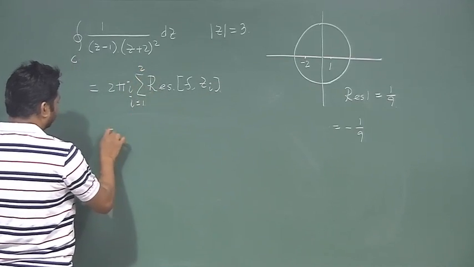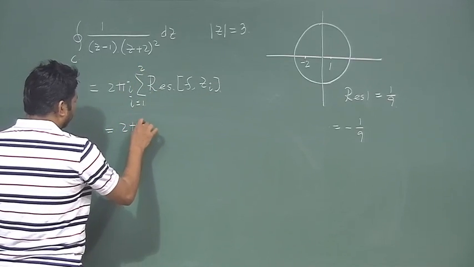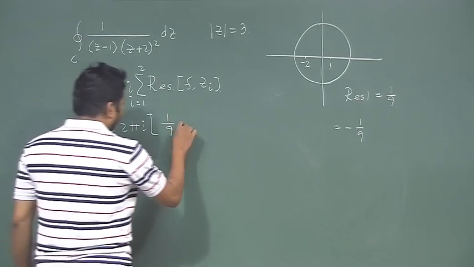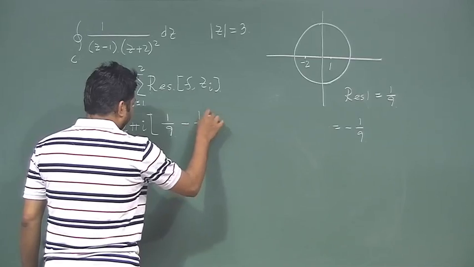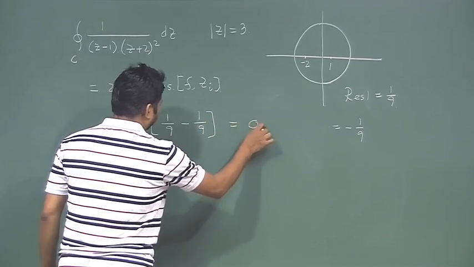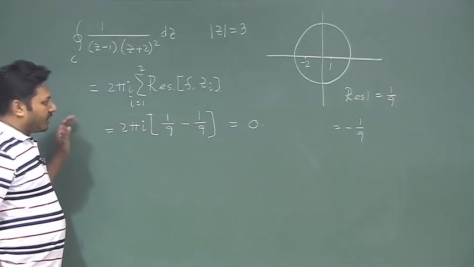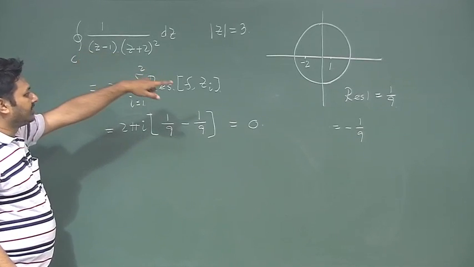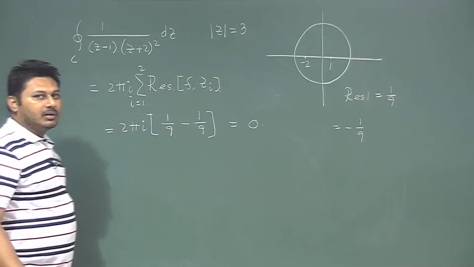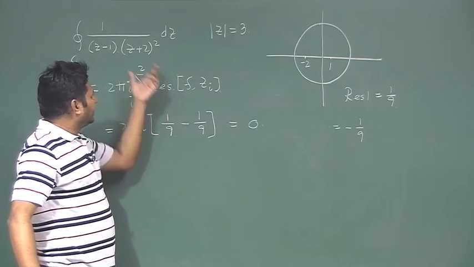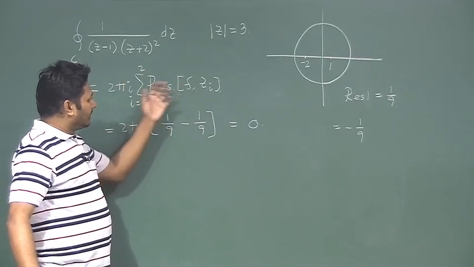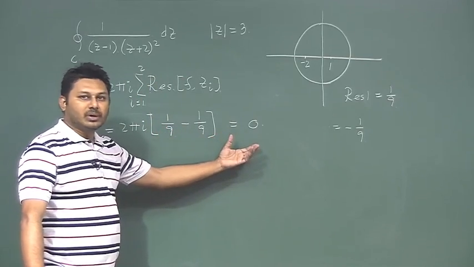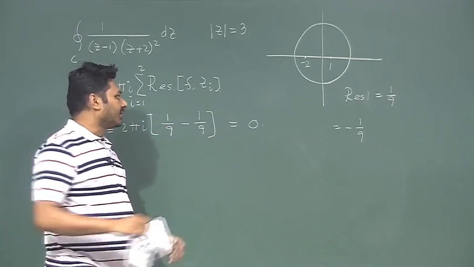It is 2 pi i times (1 by 9 minus 1 by 9), and we have a result 0. It is possible to have this result 0: the function is not analytic in this region, that is for sure, but one residue and another residue exactly balance each other, and one can still get 0.